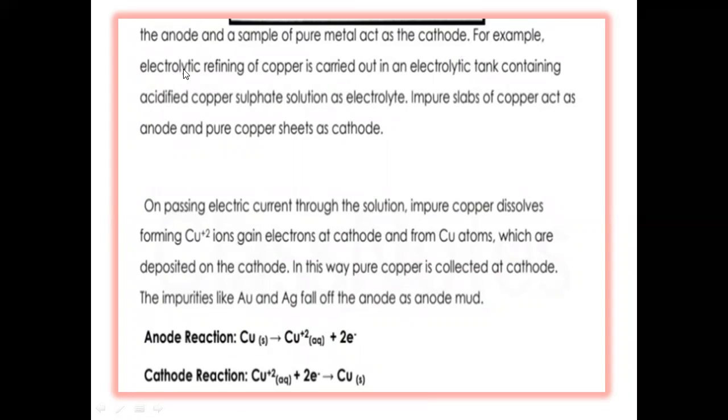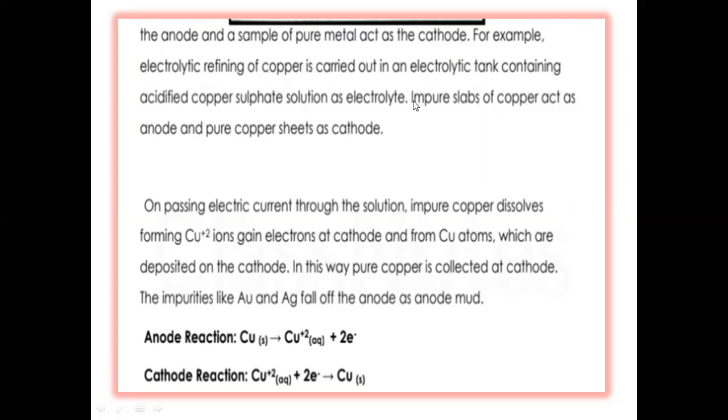For example, electrolytic refining of copper is carried out in an electrolytic tank containing acidified copper sulfate as an electrolyte. An electrolyte, I told you, is a solution which completely ionizes in water and gives ions. So copper sulfate will give copper ion and sulfate ion, and it will act as an electrolyte, because for the completion of the electric circuit, an electrolyte is compulsory.